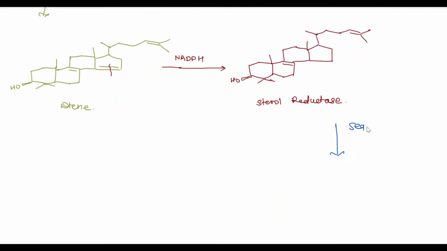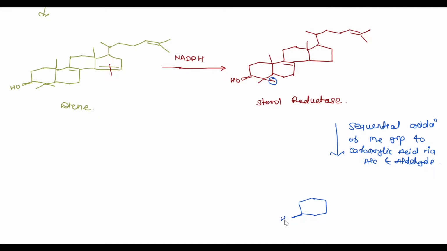In the next step, sequential oxidation of this methyl group to carboxylic acid via alcohol and aldehyde and we get here CH3 and here carboxylic acid.